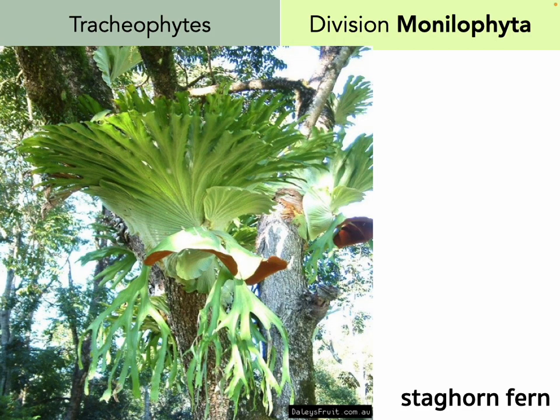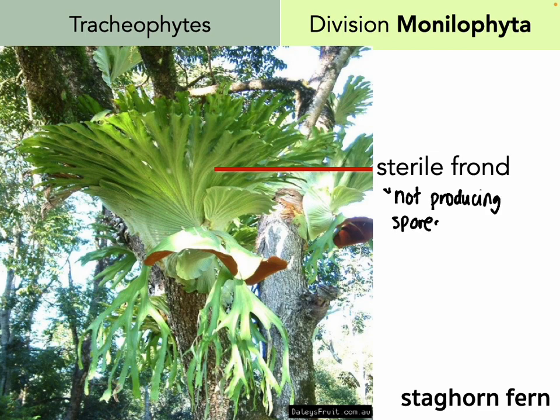But in some ferns, the frond has two forms. We have the sterile frond, which means not reproducing, not producing spores. Whereas some fronds look very different. It's fertile. Fertile meaning they're producing spores.